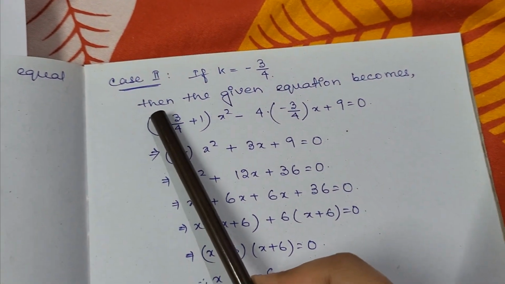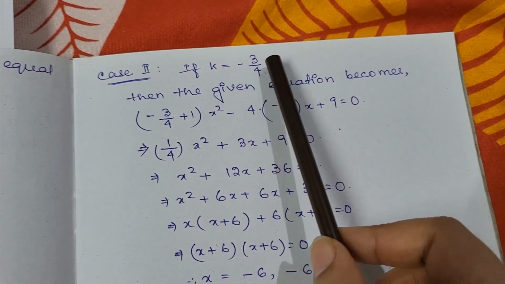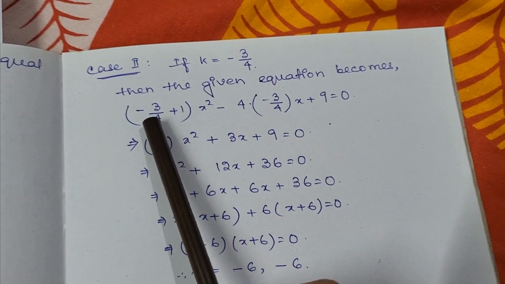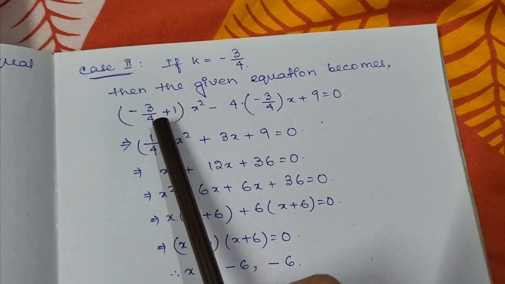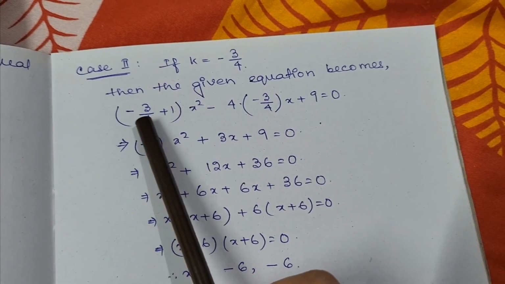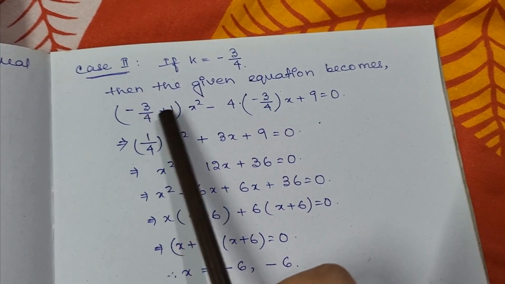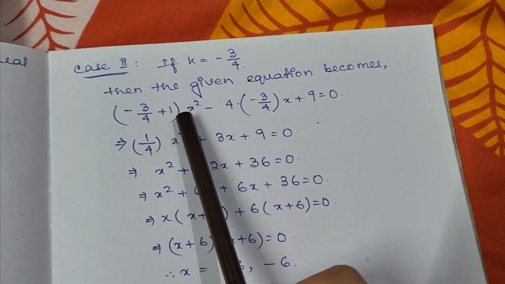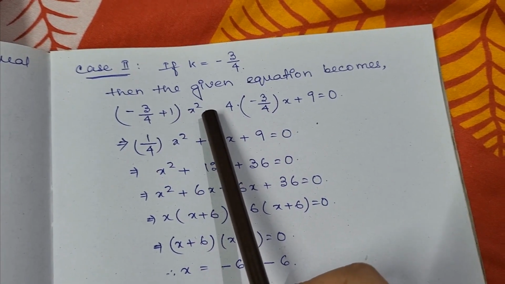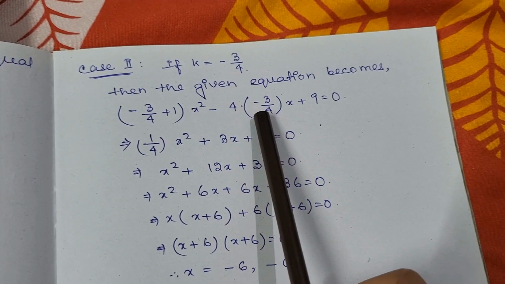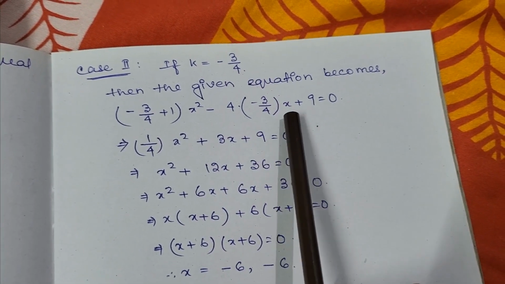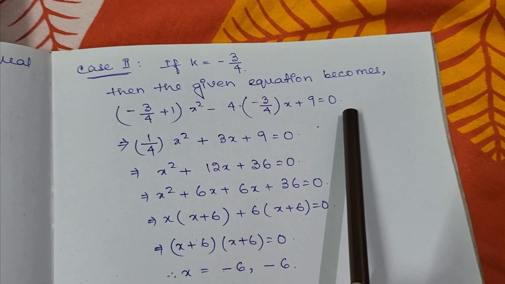Now case 2. If k is equal to minus 3 by 4, then the given equation becomes, since it was k plus 1, minus 3 by 4 plus 1, into x square minus 4k, where k is minus 3 by 4, so minus 4 into minus 3 by 4 x plus 9 is equal to 0.